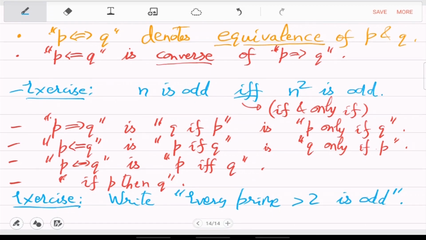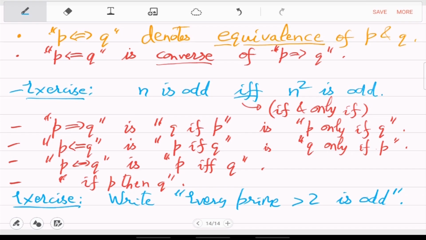Just think of what should be statement P, what should be statement Q, and then you can put it in this implication or if or only if form. So there are many ways to express the same thing. You have to keep doing these translations.